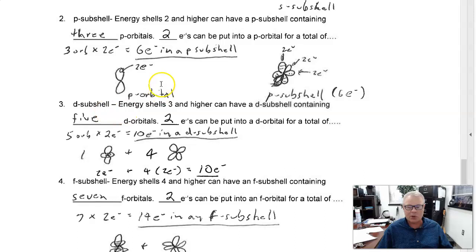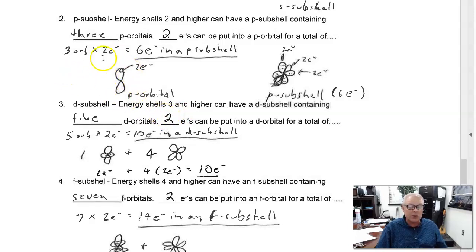All right. Shape-wise, they look like this. Take this shape that I've drawn for you here in the notes and turn it into a 3-dimensional shape. So imagine you had a long skinny balloon and then you grabbed it right there in the middle and you kind of pinched it and you had a lobe of balloon coming out up here and a lobe of balloon going down there. That's kind of what a p orbital looks like.